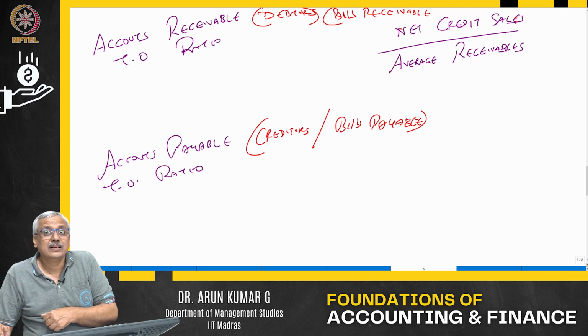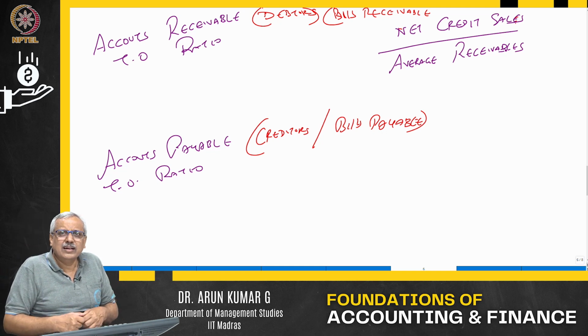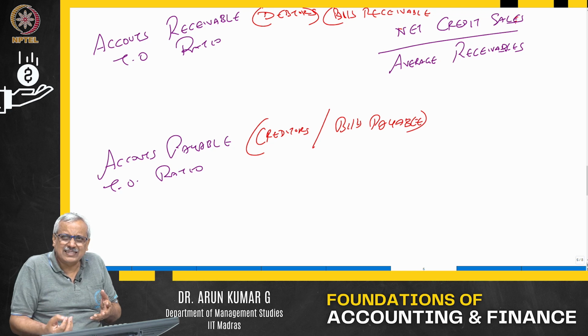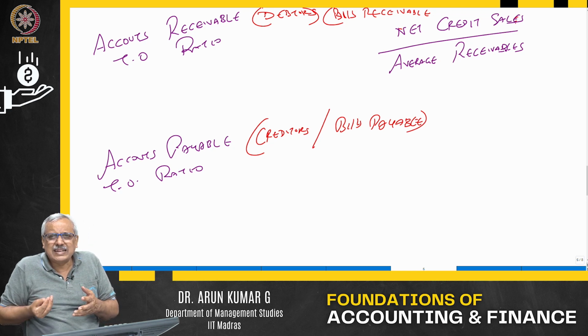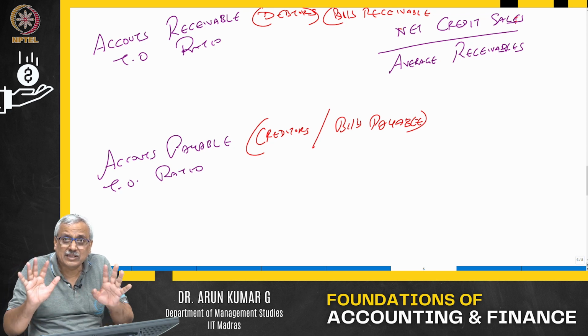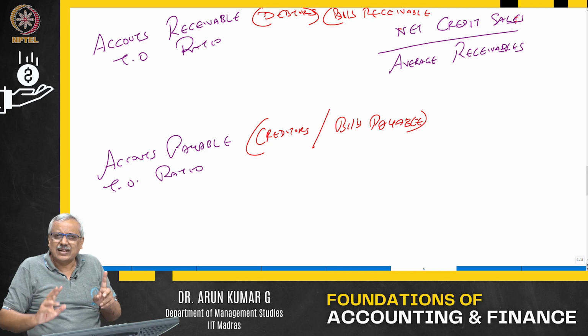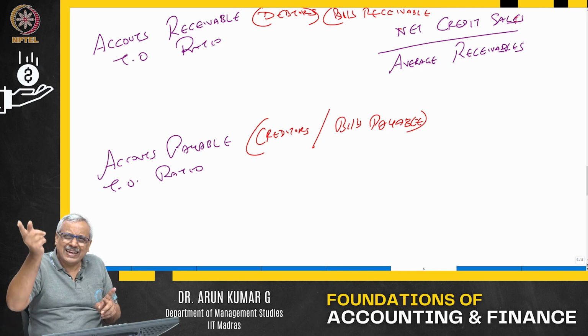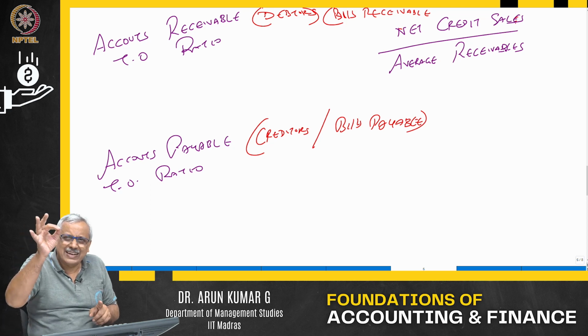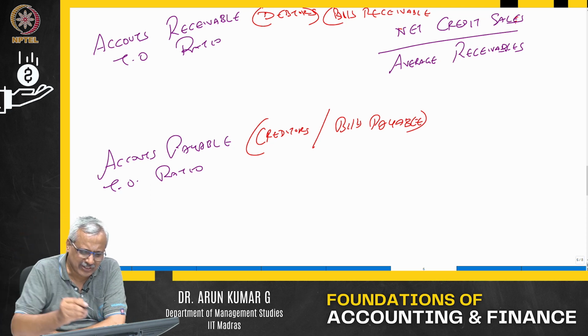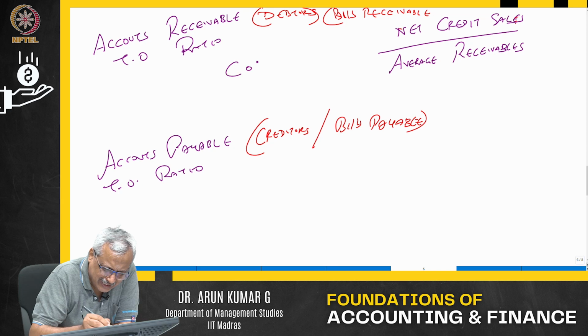If my credit sale is 1000 and my receivable is 100, that means though 1000 is on credit sale, the average receivable that I maintain during the year is only 100. That shows my collection efficiency.